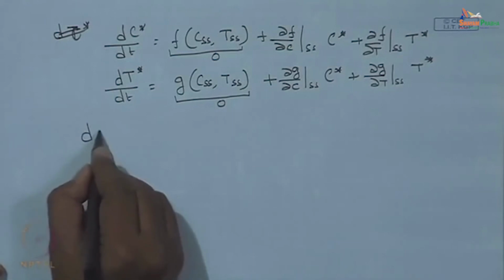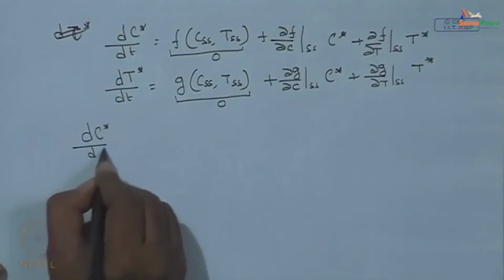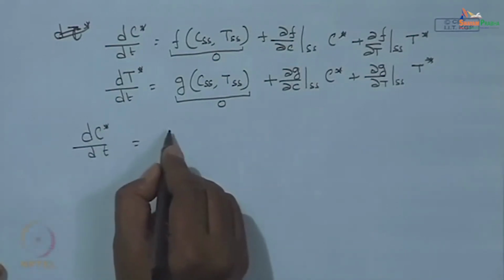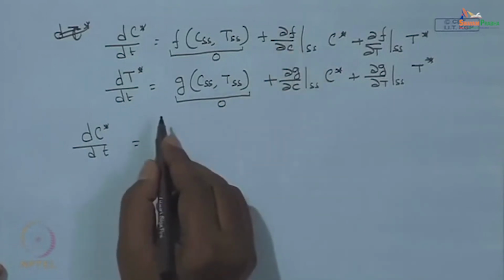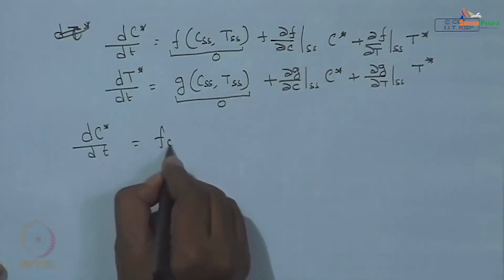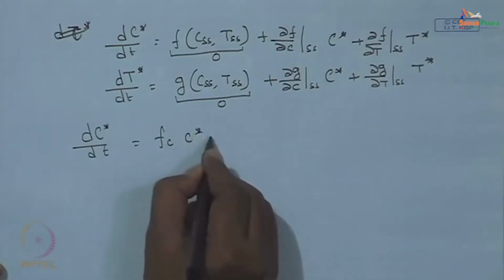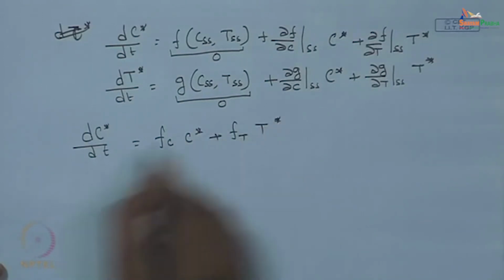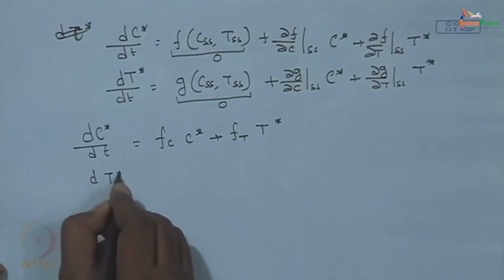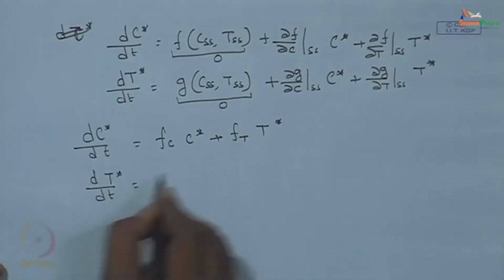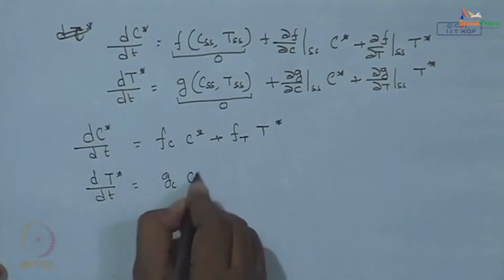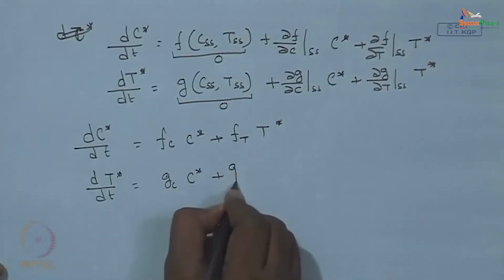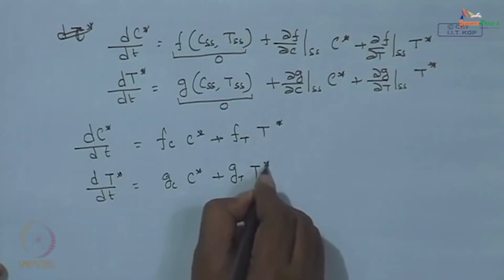So, we have dC star/dt is equal to f_c C star plus f_t T star, and dT star/dt is equal to g_c C star plus g_t T star.